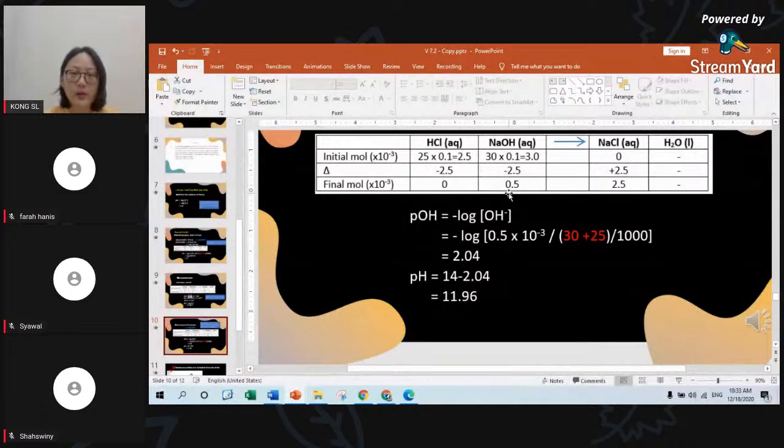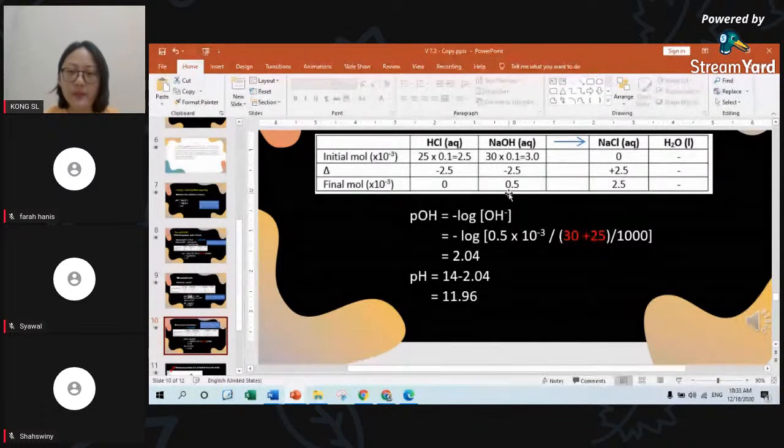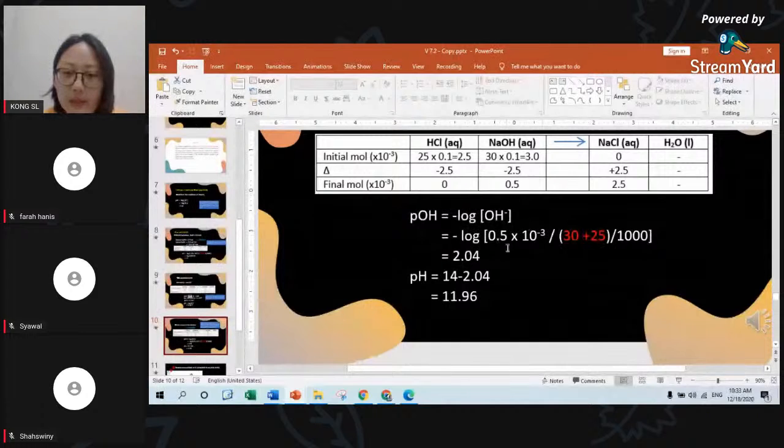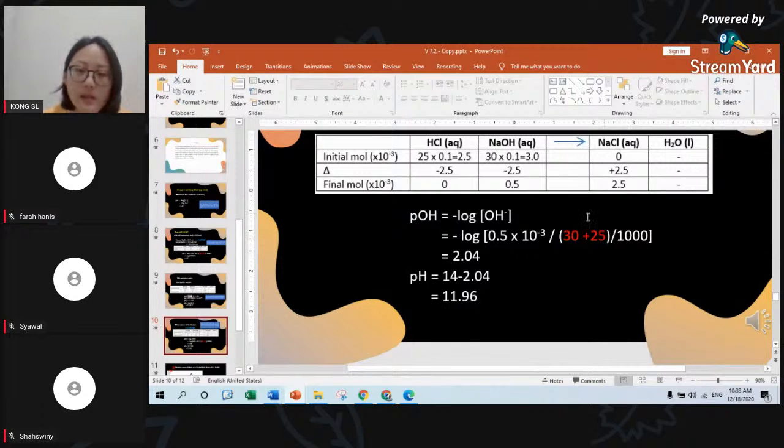NaOH completely dissociates into Na plus and OH negative. So the OH negative is 0.5 times 10 to the power of negative 3 mole. So now the volume is 30 plus 25 divided by 1000 in liter. So this is the pOH. But the question asks about pH. So you have to use pH equal to 14 minus pOH equal to 11.96, near to 12.